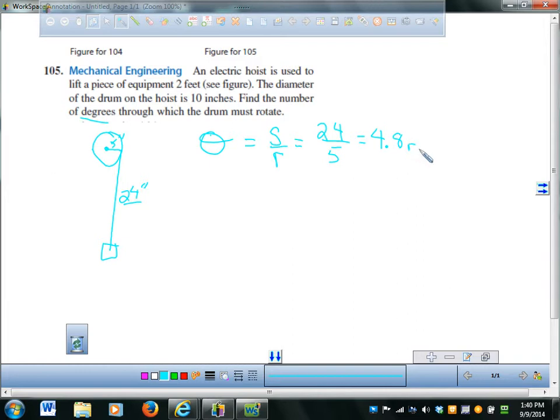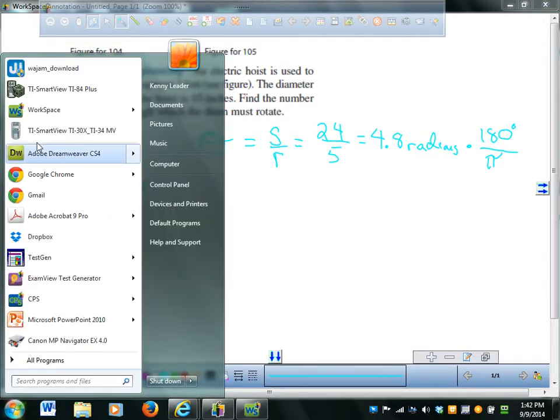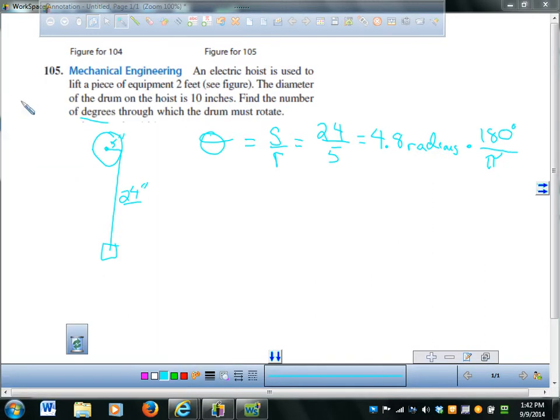That's in radians, okay? If I want to change that into degrees, I multiply that by 180 degrees over pi radians, and I'm just going to do that on my calculator.